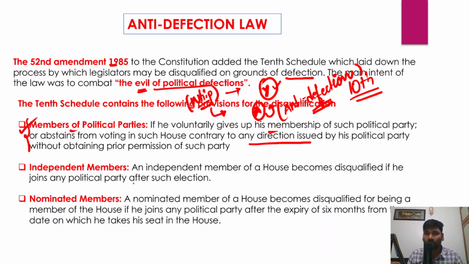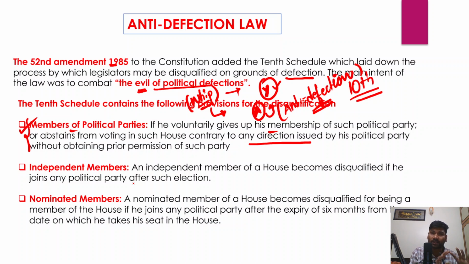The second ground for disqualification under the anti-defection law is that it is also applicable to independent members, and also to nominated members as well. We all know that 12 members are nominated by the President to the Rajya Sabha, and it will be applied to nominated members and independent members also. When we talk about independent members, they are elected to the state legislature or to the Parliament independently, right?